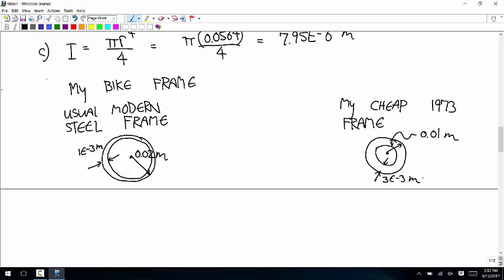Just think roughly about what the differences are here.